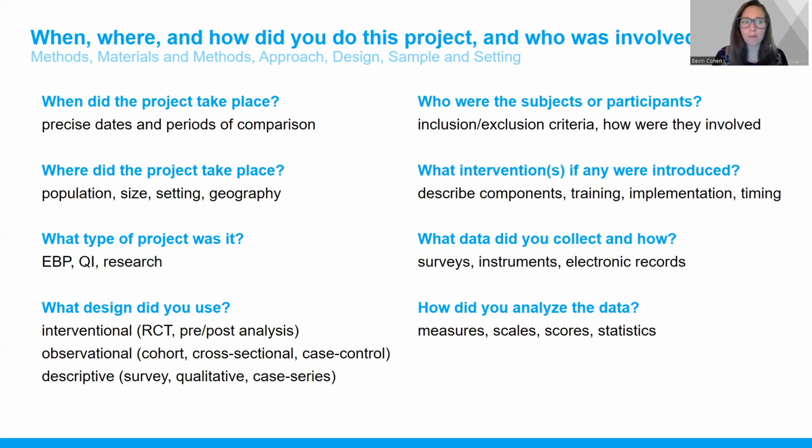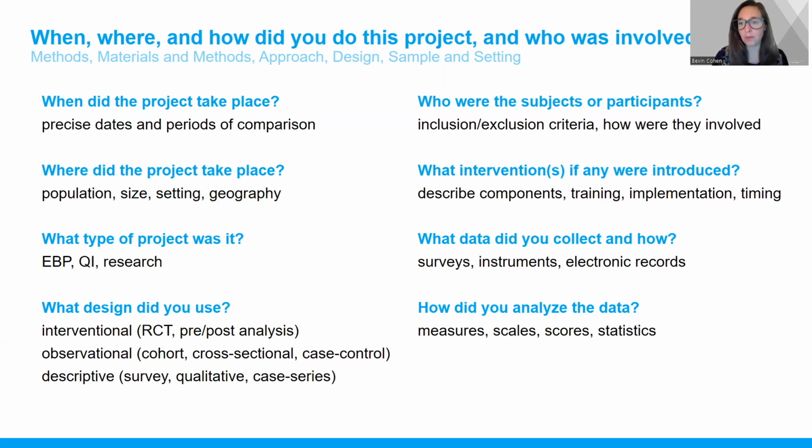Next, you want to talk about where the project took place. So this is not only about the geography, such as the city and state where the project took place, but also a little bit about the population. So for the example that we're using here, we're talking about patients who are in a postoperative surgical unit within an inpatient hospital.